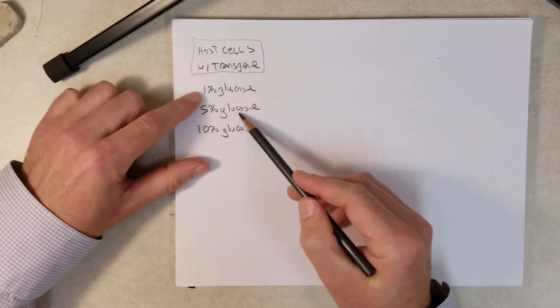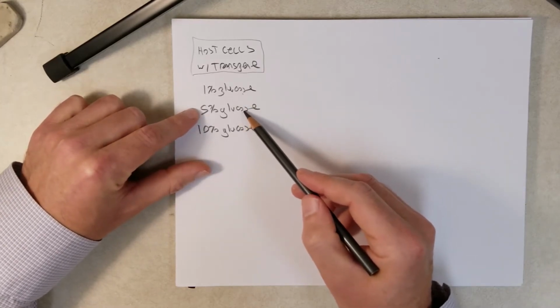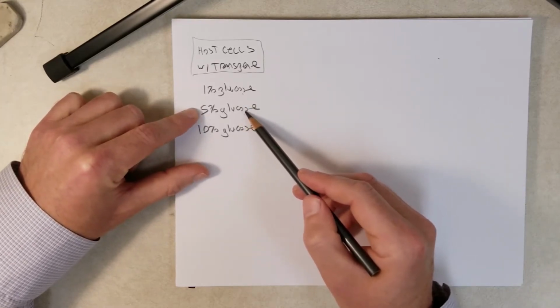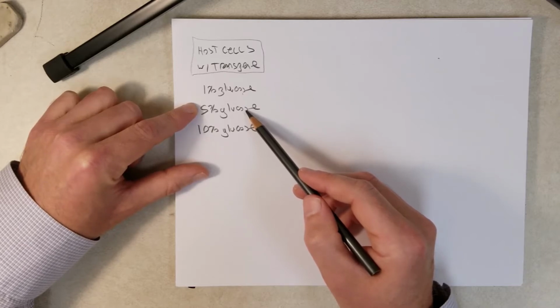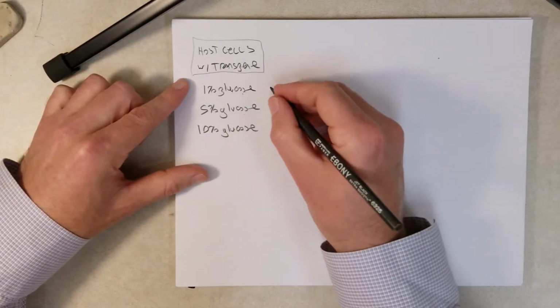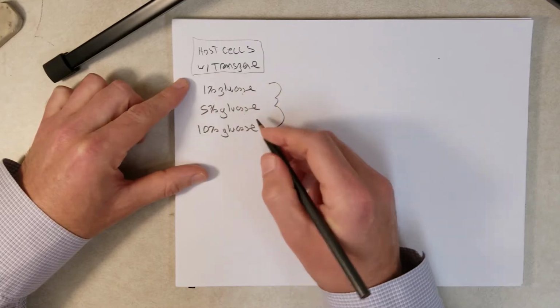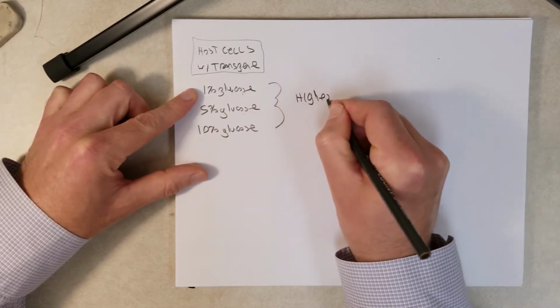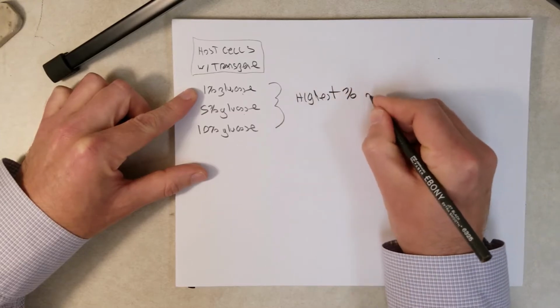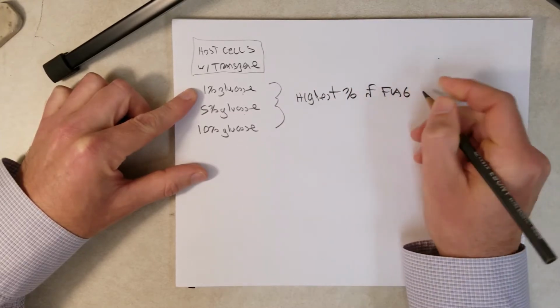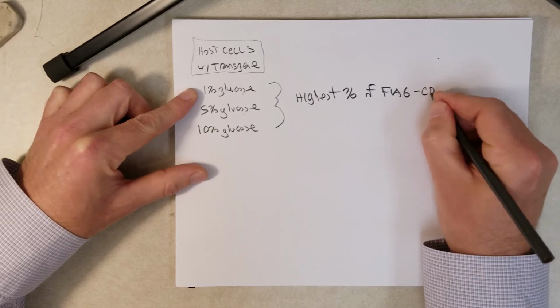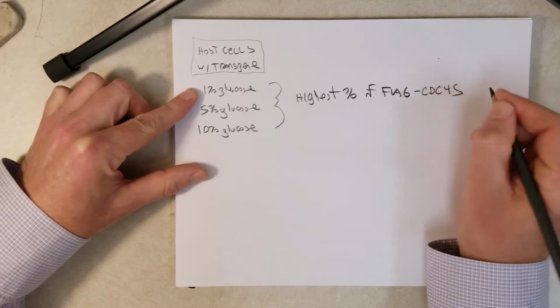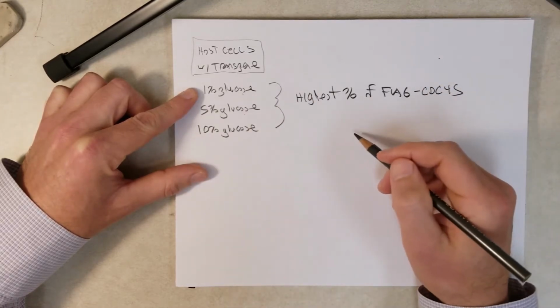And we're going to want to choose the one that leads to the greatest percentage of our target protein among all the proteins, right? So the goal is to determine which of these gives the highest percentage of flag CDC45, relative to all the other proteins.